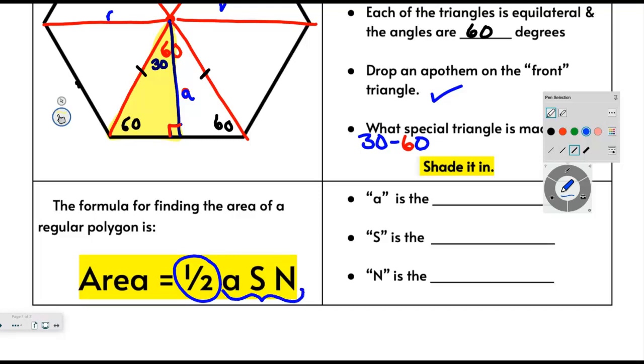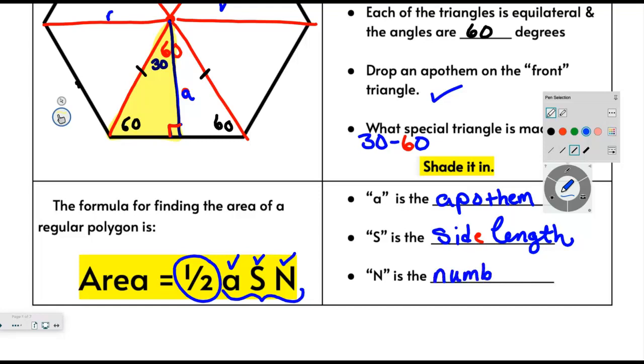We need the A, that's going to be the apothem, the height of one of the triangles made. We need the S, which is going to stand for the length of a side. So go ahead and put side length. And we need the N, and that's going to be the number of sides. So if it's a hexagon, it's a 6.